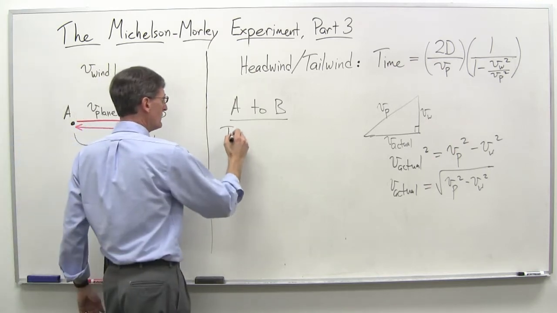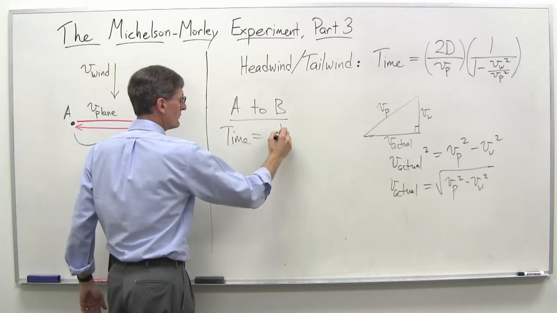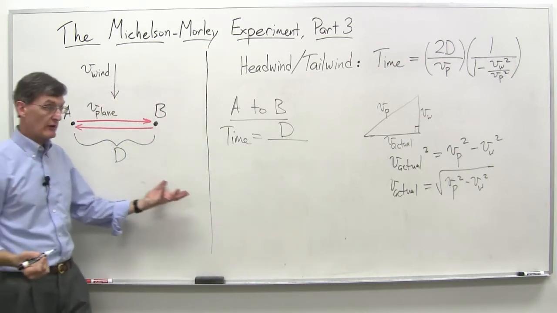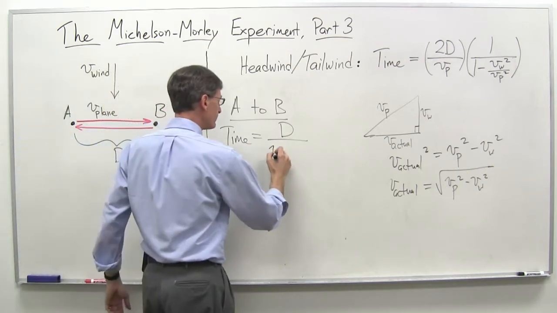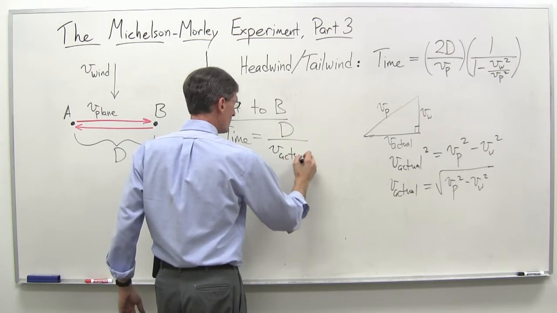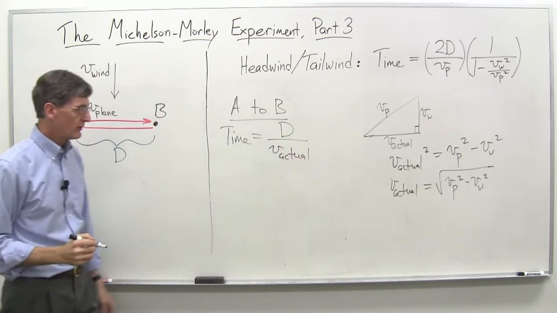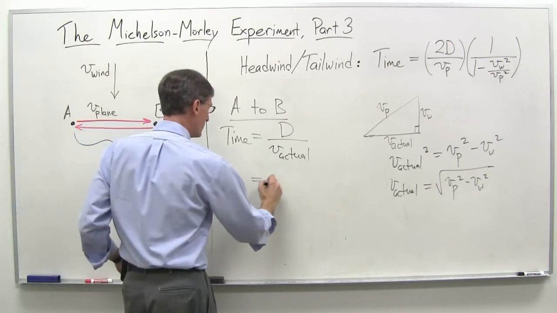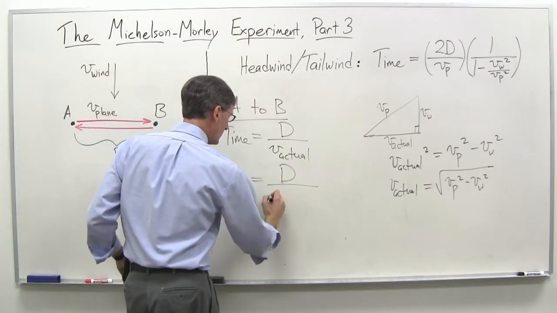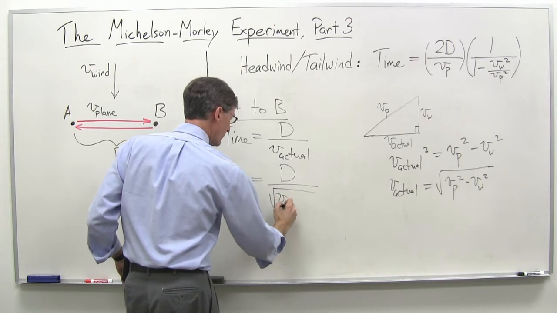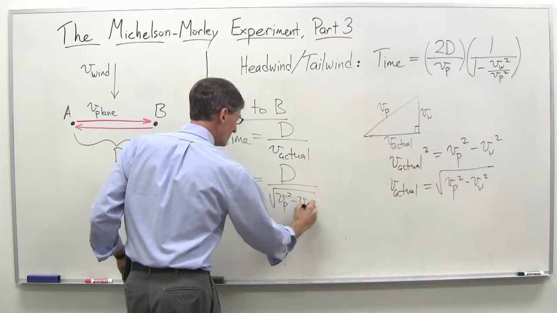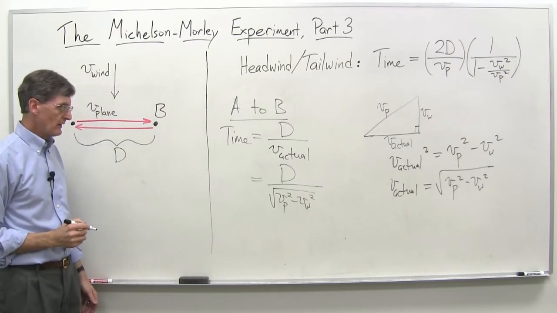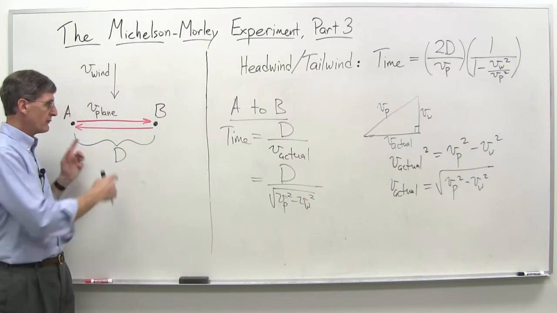So time taken is going to be the distance simply divided by the net velocity in this case, which is V actual. And V actual, we just discovered, was the square root of Vp squared minus Vw squared. So this becomes d divided by the square root of Vp squared minus Vw squared. And that's from A to B.